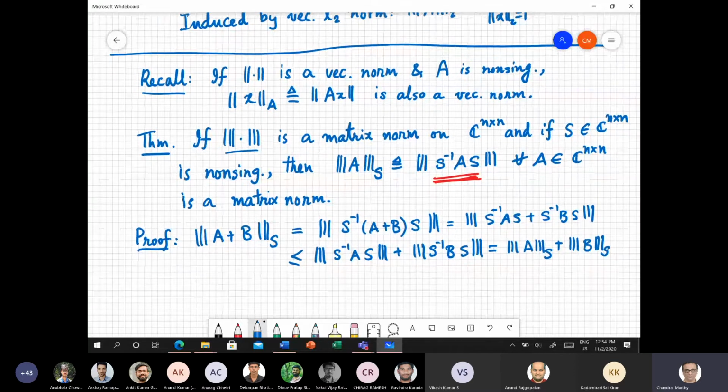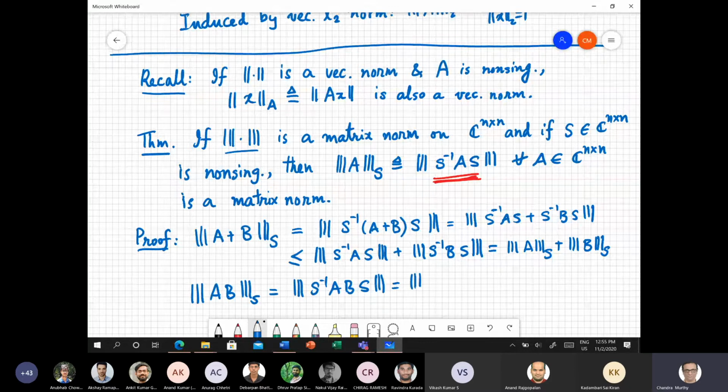So how about the submultiplicativity? That's also very easy. If I look at the S norm of AB, then that is equal to the matrix norm of S inverse ABS. And I can just insert an S inverse in between here because S S inverse is just the identity matrix.